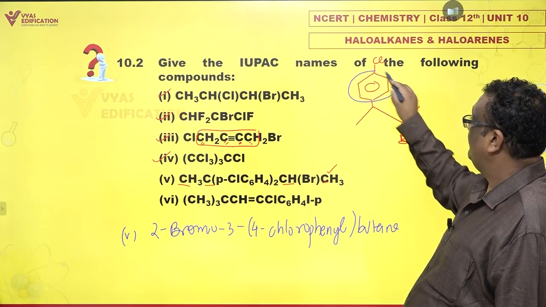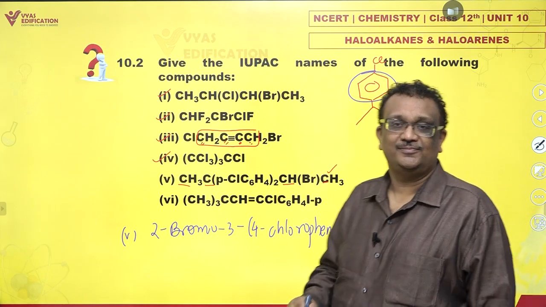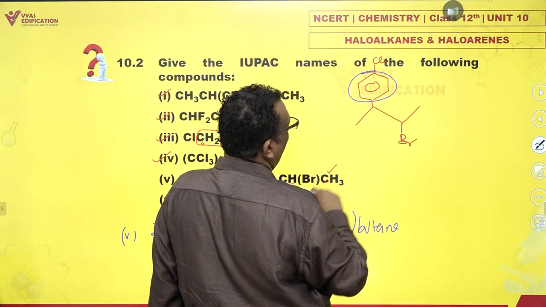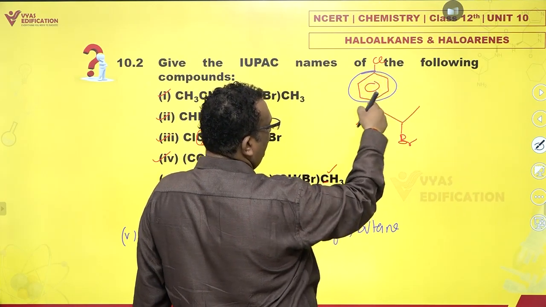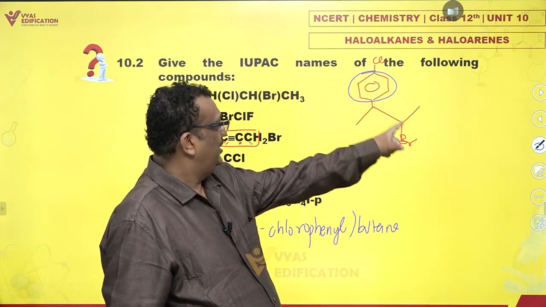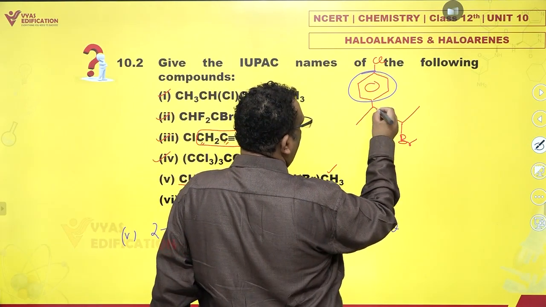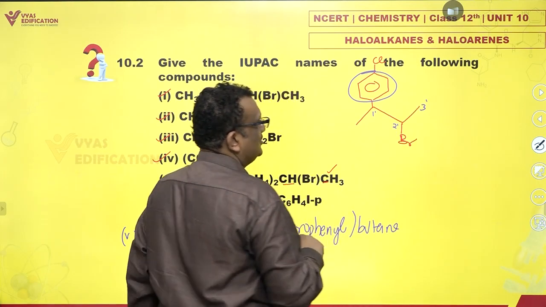What about this? If I choose this as the main chain, what would happen? Had this been the main chain, numbering would have been 1, 2, 3, 4, something like that. What would be the name? This is chloro simply. And this would be 1 dash, 2 dash, 3 dash.